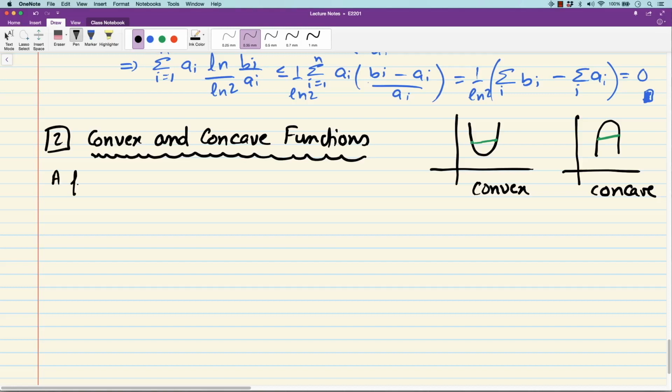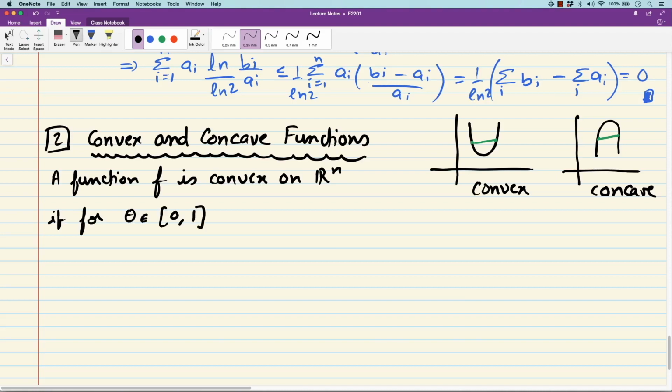A function f is convex, let's say over Rn. So let's just think of functions which are taking values from Rn. If for any theta in [0, 1], so take this theta between 0 and 1, how do you parameterize a line?